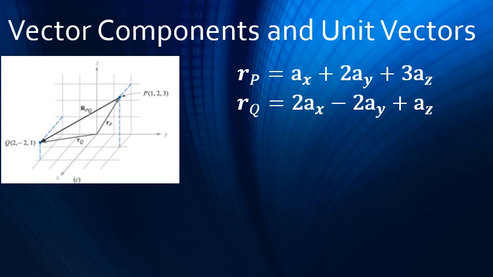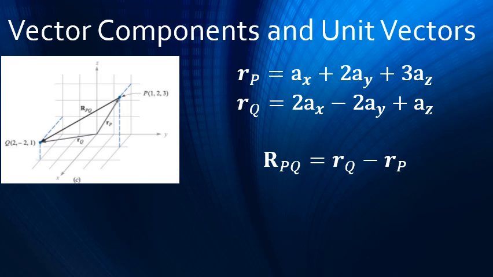Okay. Sir, paano na ngayon kapag hindi siya galing ng origin kagaya nito? We have the vector RPQ extending from point P to point Q. Okay, ang magiging formula na ngayon natin is ang vector RPQ will be equal to vector RQ minus vector RP.